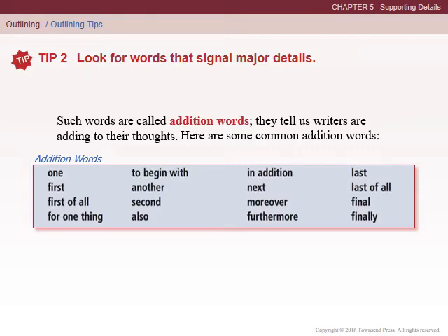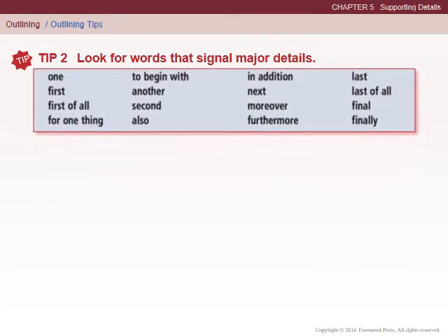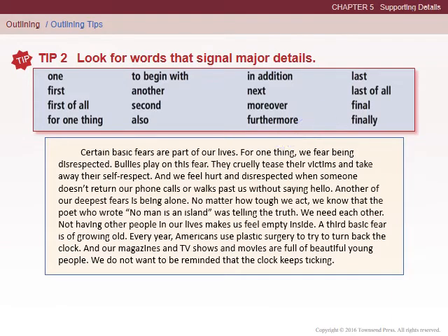One of the things to get into the habit of in this book is that as you're reading a paragraph, highlight or circle those addition words, because it'll help you quickly understand the organization of the paragraph.